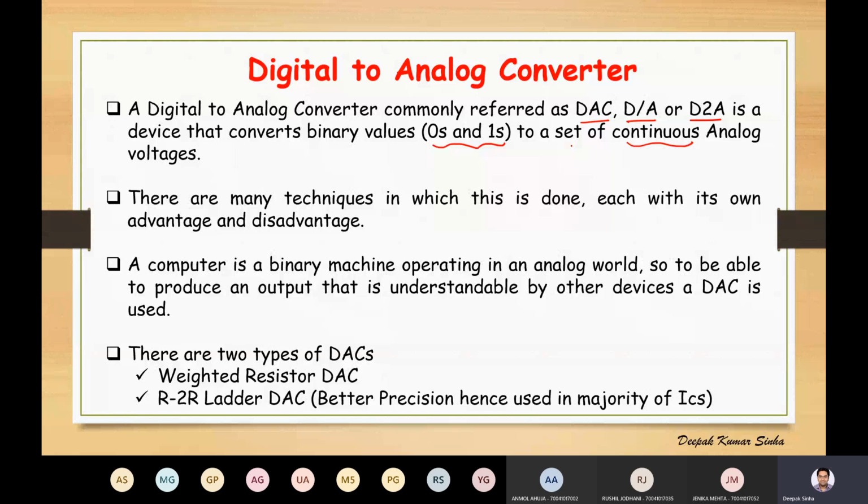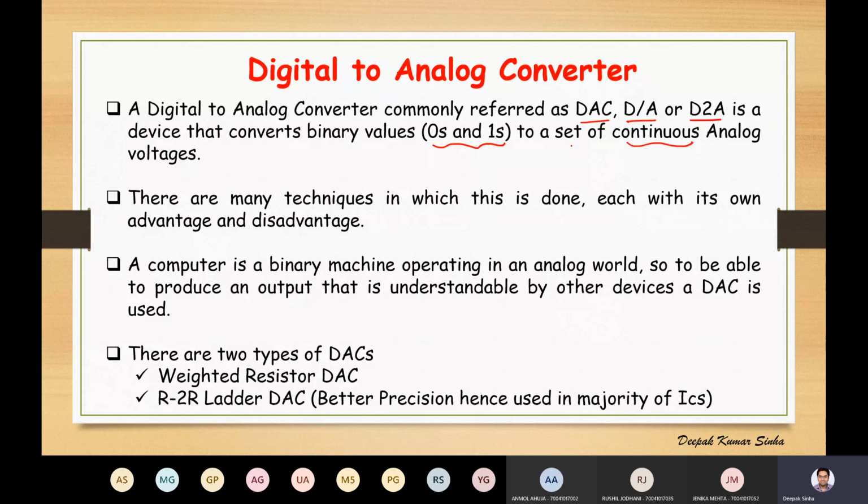We'll write the code to generate different waveforms, like a staircase waveform, a triangular waveform, a square waveform, and a sinusoidal waveform. So we can generate various waveforms by using the DAC.